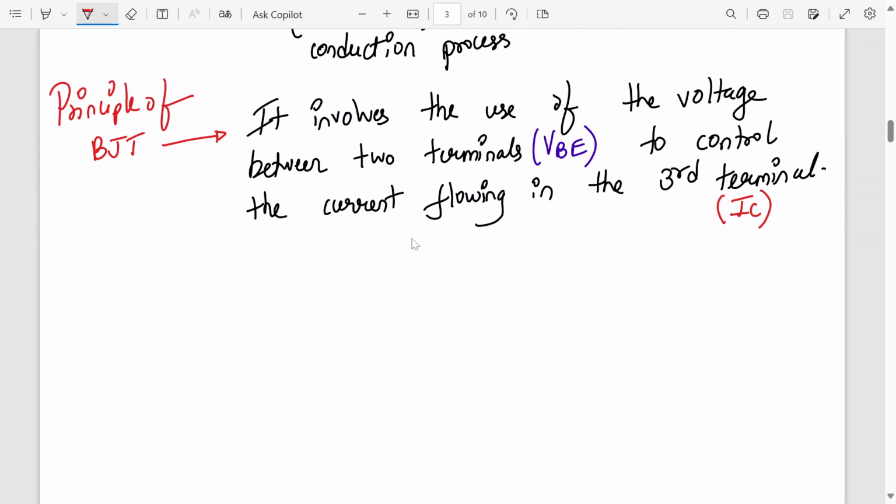Next we go for BJT configurations. BJT operating regions are different, BJT configurations are different. So we'll write down BJT configurations.